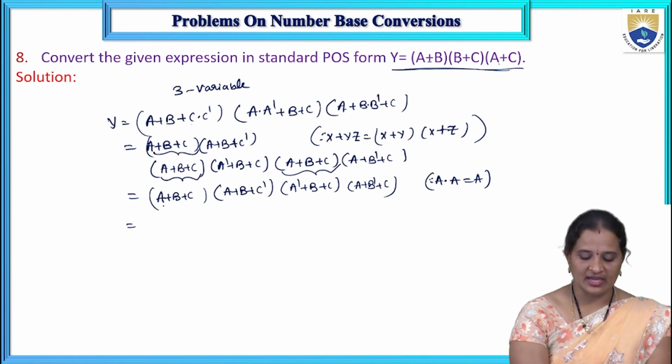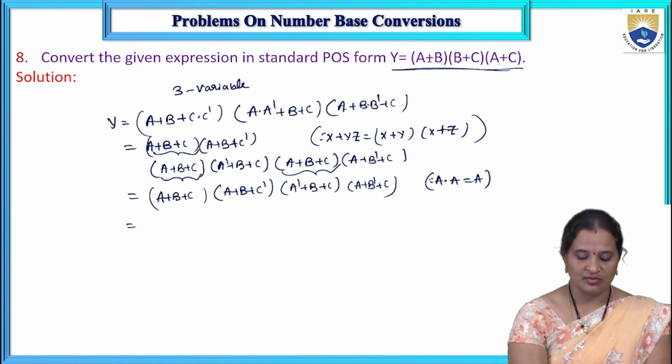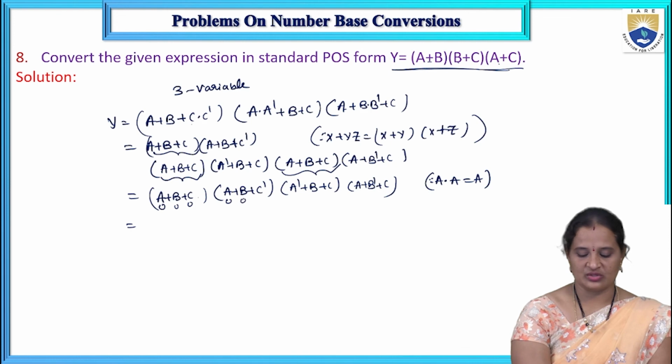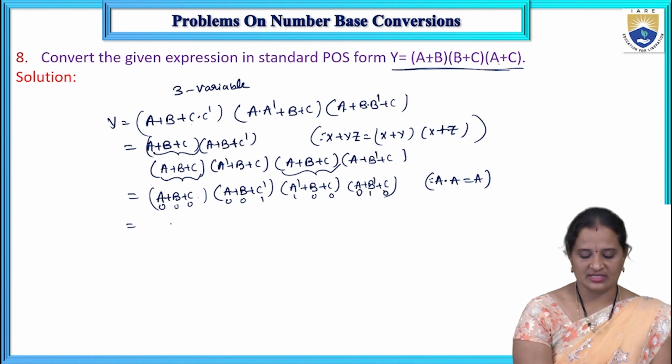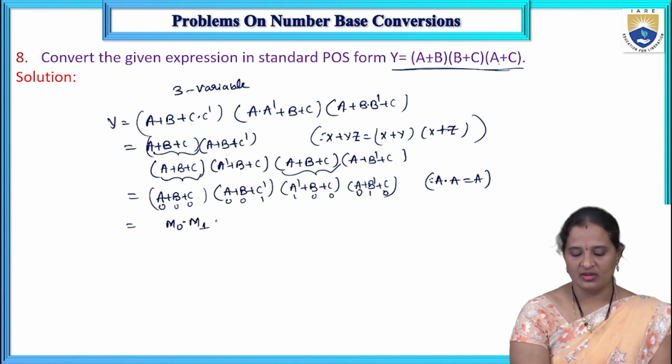As it is a sum term, it is taken in true form. It indicates 0 0 0, 0 0 1, 1 0 0, sorry, 0 1 0. So I can represent this as M0 and this one as M1 and this one as M4 and this one as M2.